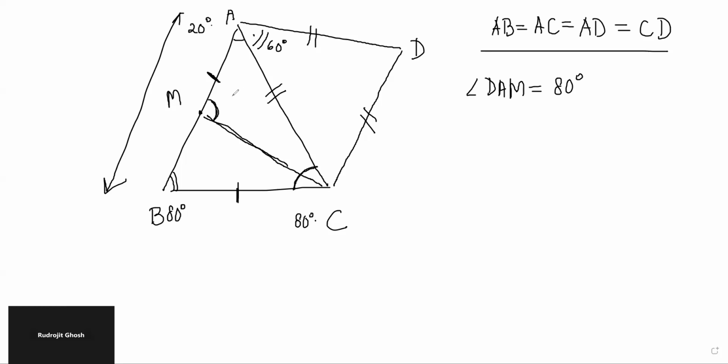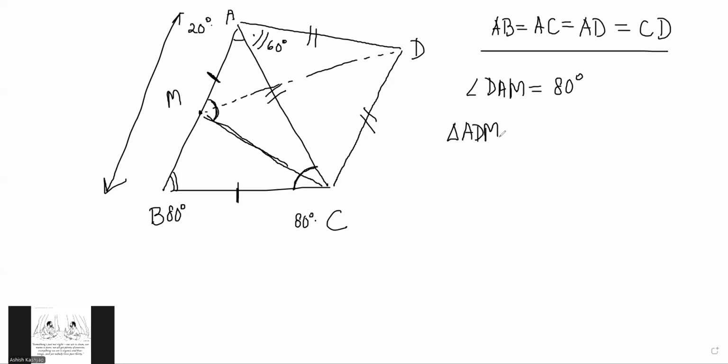So now look at triangle ADM. Join a dotted line like this. Triangle ADM and triangle BAC. Look at these two triangles, or a big triangle and this triangle. Notice here that there is an angle 80 degree here, right?